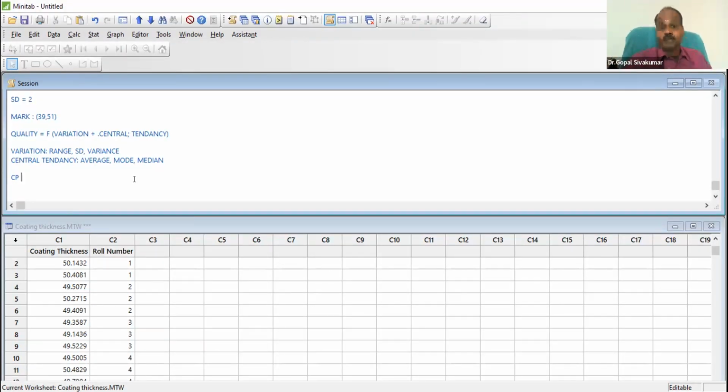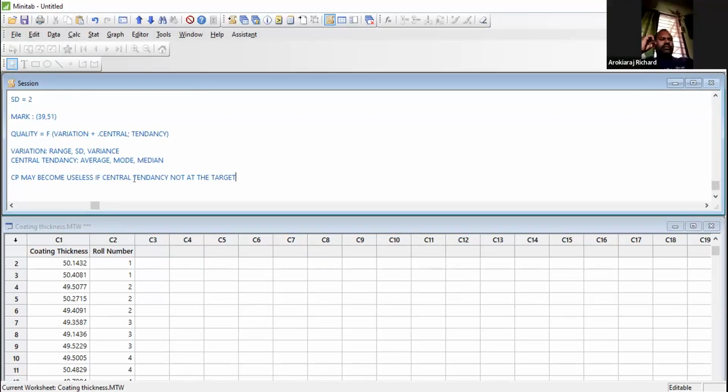When will CP become useless? If central tendency is not at the target, your CP will become useless. Am I correct or not?